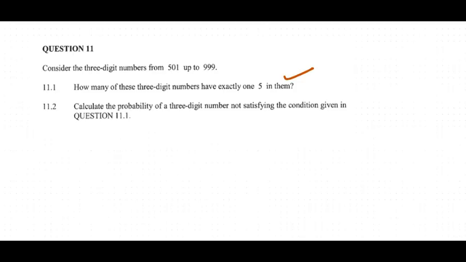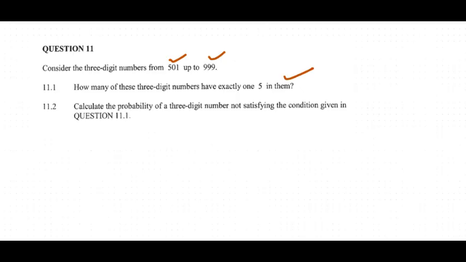All right, so we are considering numbers from 501 to 999. Since the range starts with 5, the position of the single 5 is critical. We must break this into mutually exclusive cases based on the position of the digit 5.